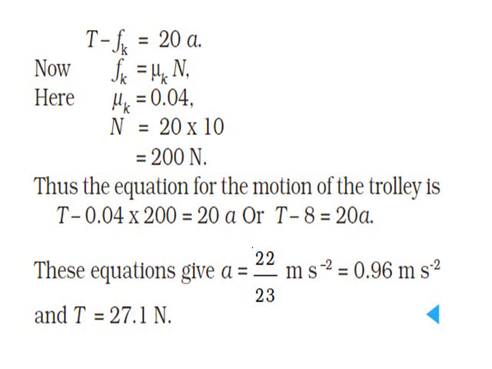Thus, the equation for the motion of the trolley will be T minus 0.04 into 200 equals 20a. And on solving it, you will get acceleration equals 0.96 meter per second square and the tension 27.1 Newton.